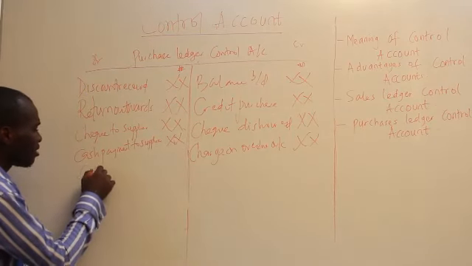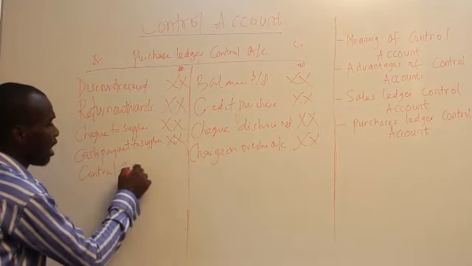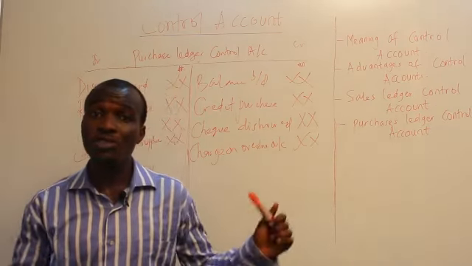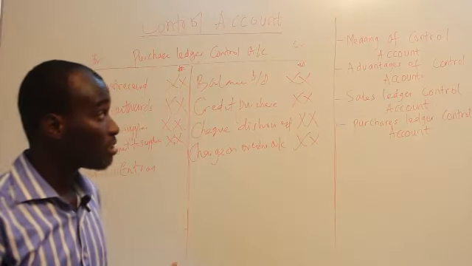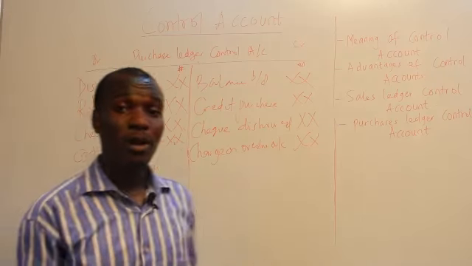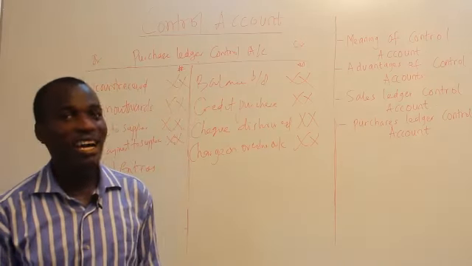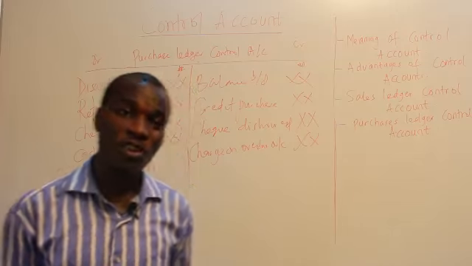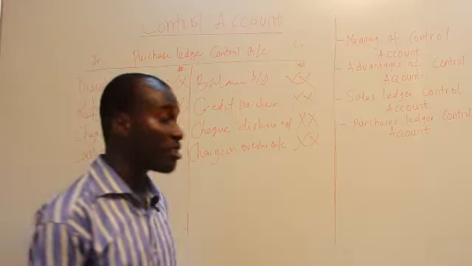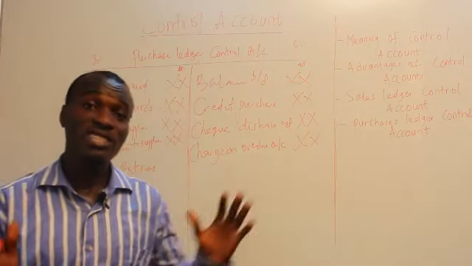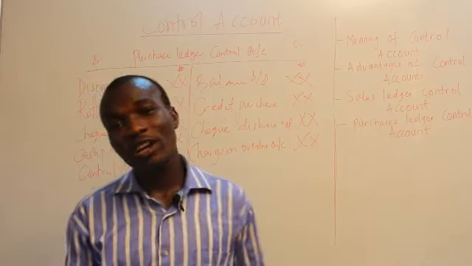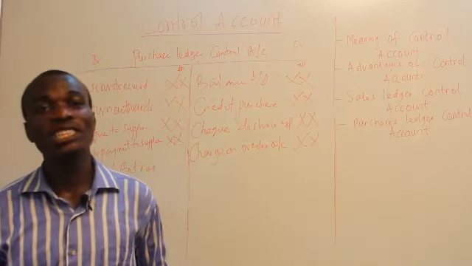Now contra entry, as stated in the sales ledger control account. The contra entry serves as a set-off. That comes up when a particular person is a supplier and also a customer of the organization. When such a thing occurs, we have to cancel the debt in the sales ledger control account by crediting the sales ledger control account, and also cancel the debt in the purchase ledger control account by debiting the purchase ledger control account.